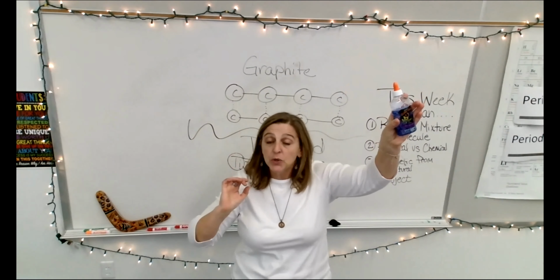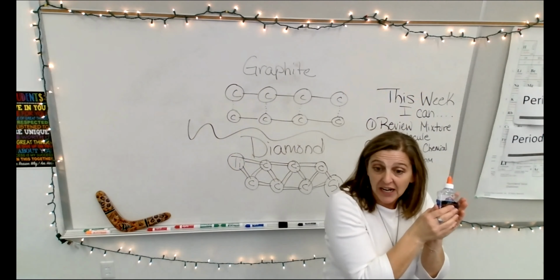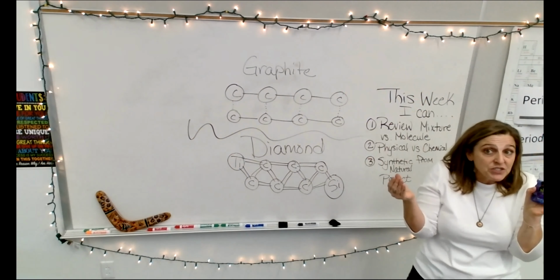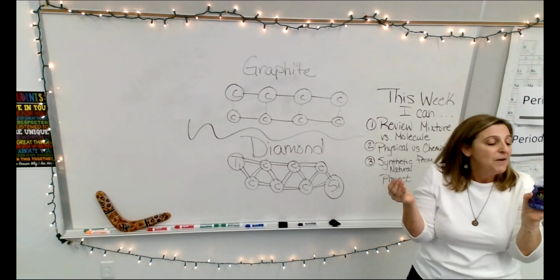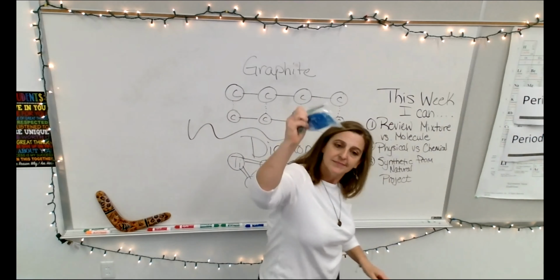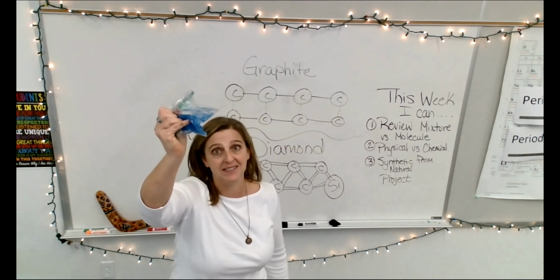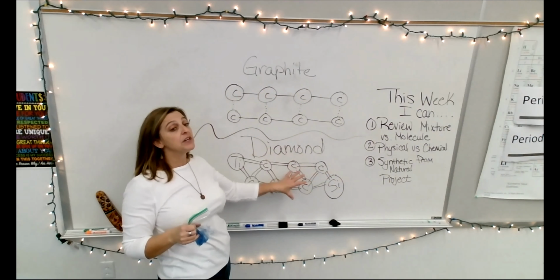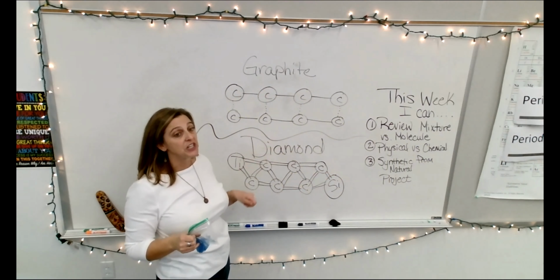She took glue, which is made up of a bunch of natural elements, and combined it with laundry soap, which is also made of natural elements. But what she got was slime. She got a whole new substance. Whenever we add different elements together, we get a whole new substance. We have to change the name.